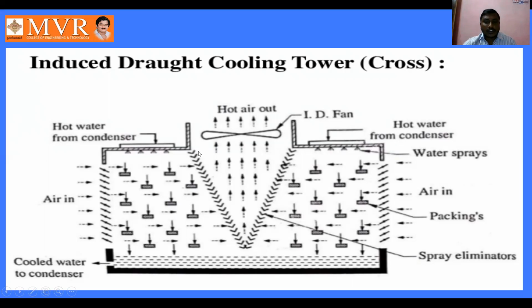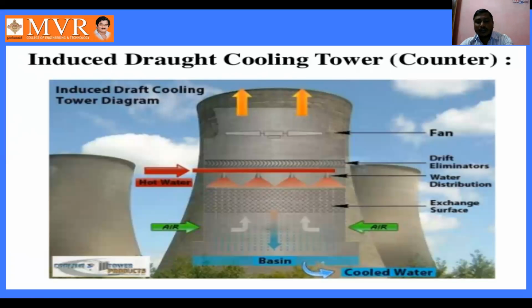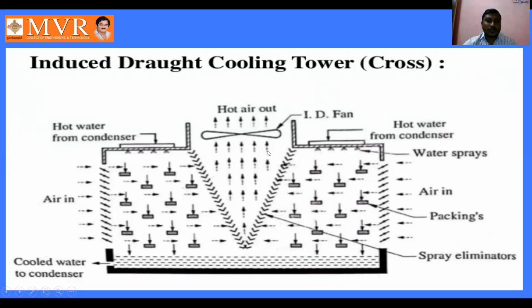See here, the spray eliminators are in the cross section. This is the same procedure as the induced draft cooling tower counterflow; the cross flow is also the same as the counter. The hot water from the condenser enters into the cooling tower by using these sprays, the spray eliminators, and the air enters into the cooling tower here.